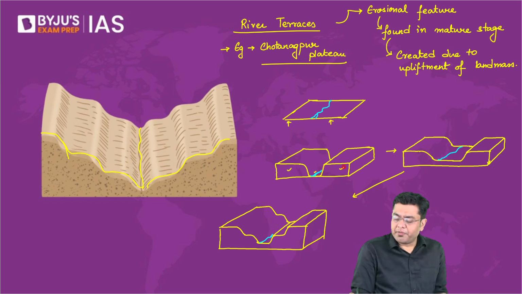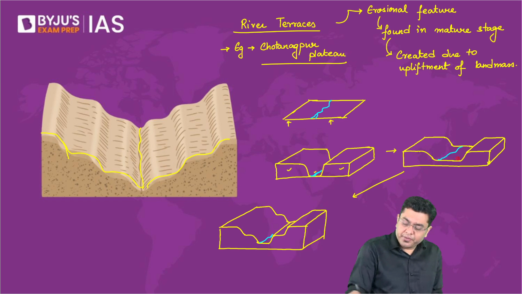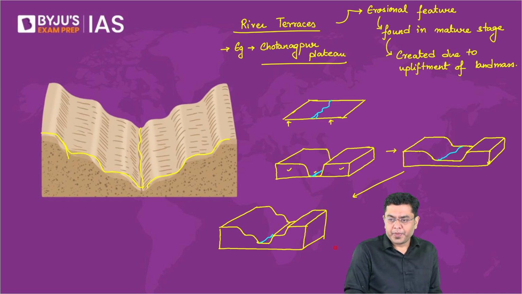After some time, the river will widen its base because it is in a mature stage. It will move horizontally. It will keep on eroding materials. So it will widen its base. Then again, the second phase of upliftment happens. So these portions will also get uplifted, these areas that you see. So that is how eventually step-like features get created. Okay.